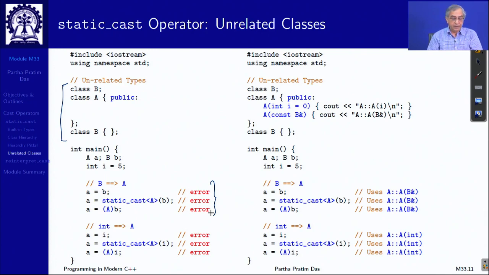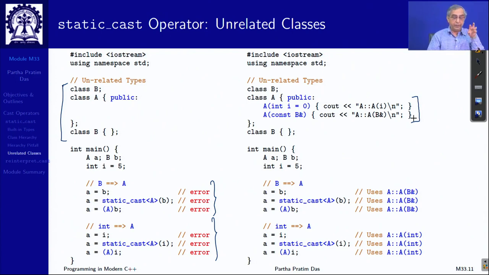Similarly, if I try to convert say int to A, all of these are errors. It is as it should be, because they are unrelated, there is no semantics on that. So, what we can do is define the semantics for it. Why is converting B to A an error?